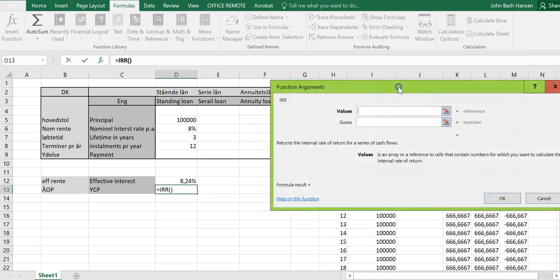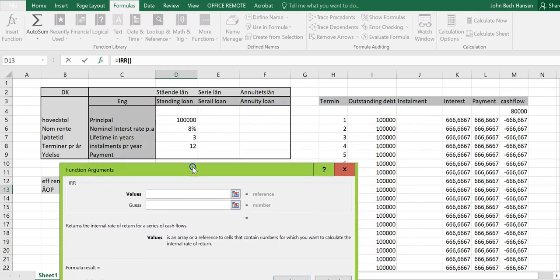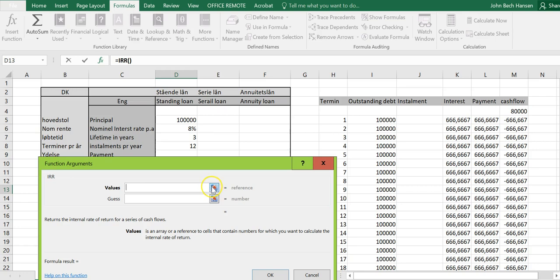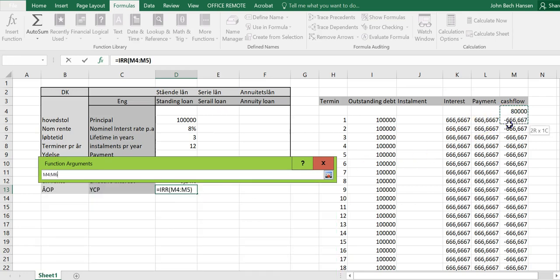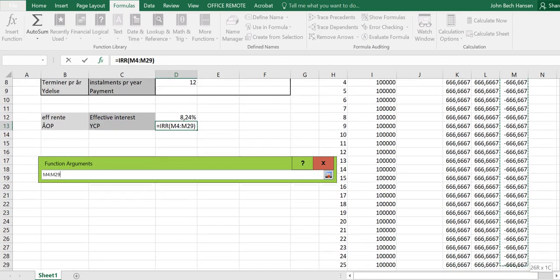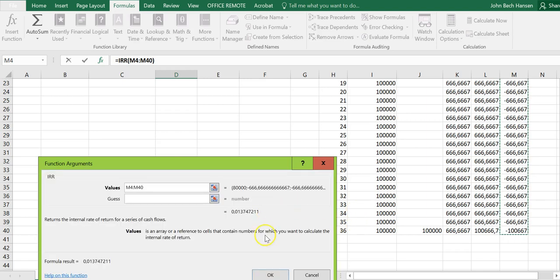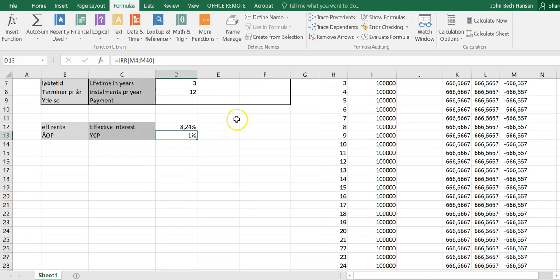It is, I guess I was right, the internal rate of return actually. So I can say the values are this cash flow here. And now I have a cost percentage.